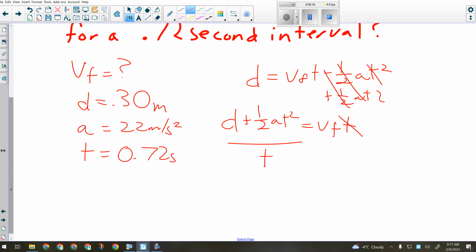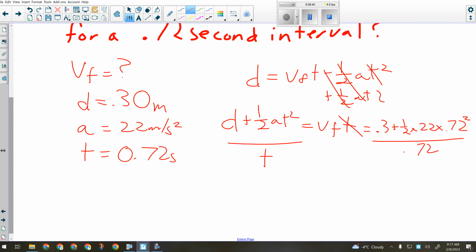All right, so now I'm solving for VF. I just have to plug in my numbers. Okay, so that's going to be 0.3, not times, plus, okay, 1/2 times 22 times 0.72 divided by 0.72, and this 0.72 has to be squared. I forgot to put that on there.